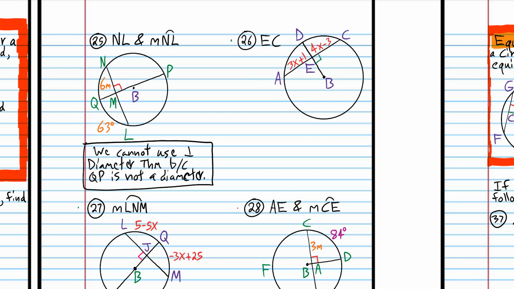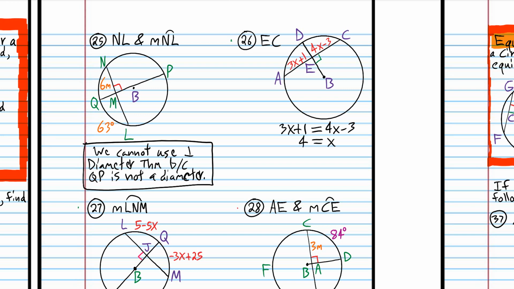So that means that it bisects this chord. So that means that 3x plus 1 must be equal to 4x minus 3. Subtract 3x from both sides, add 3 to both sides, you get 4.